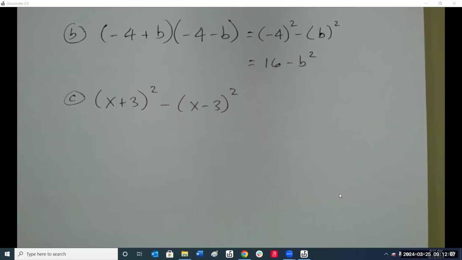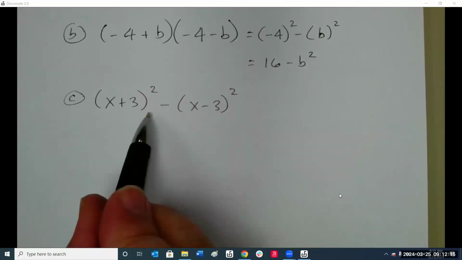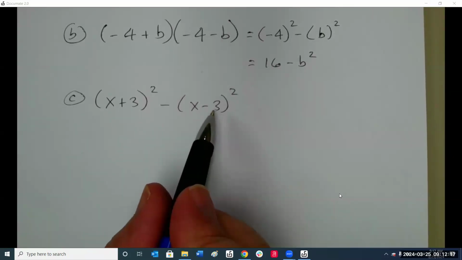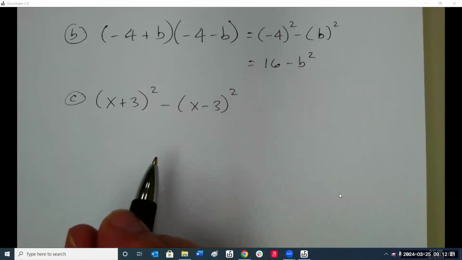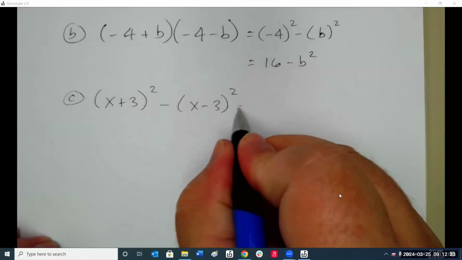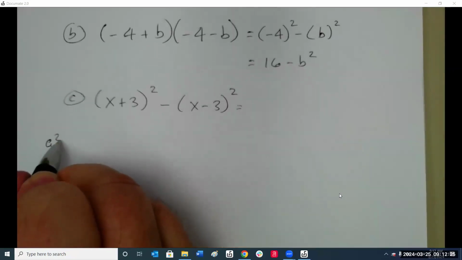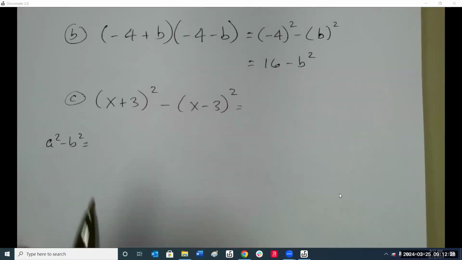This one's kind of going back. This is not fair. This is kind of going backwards. Because isn't this the difference of two squares? So where did that come from? So if I gave you a squared minus b squared, where would that come from?